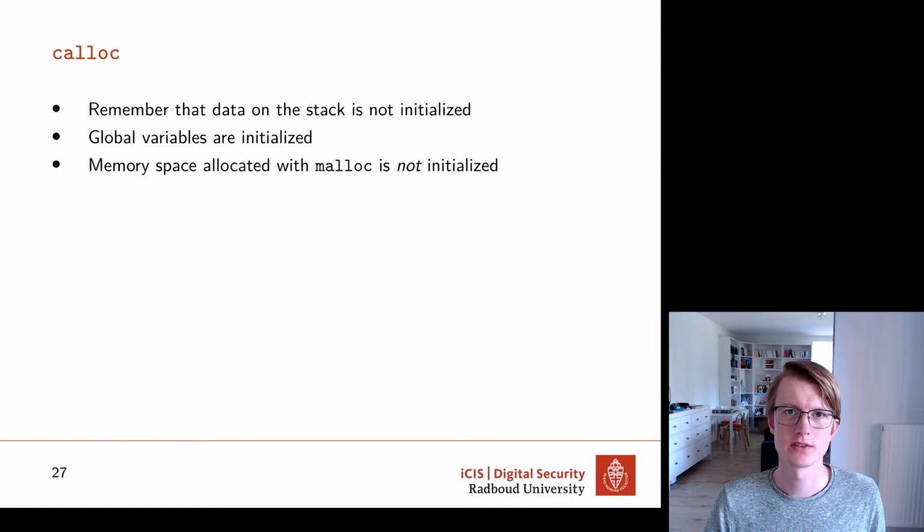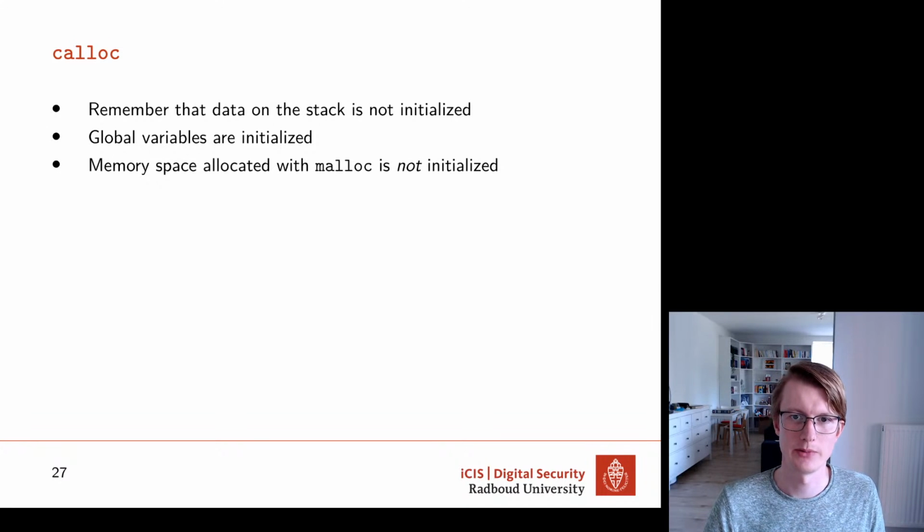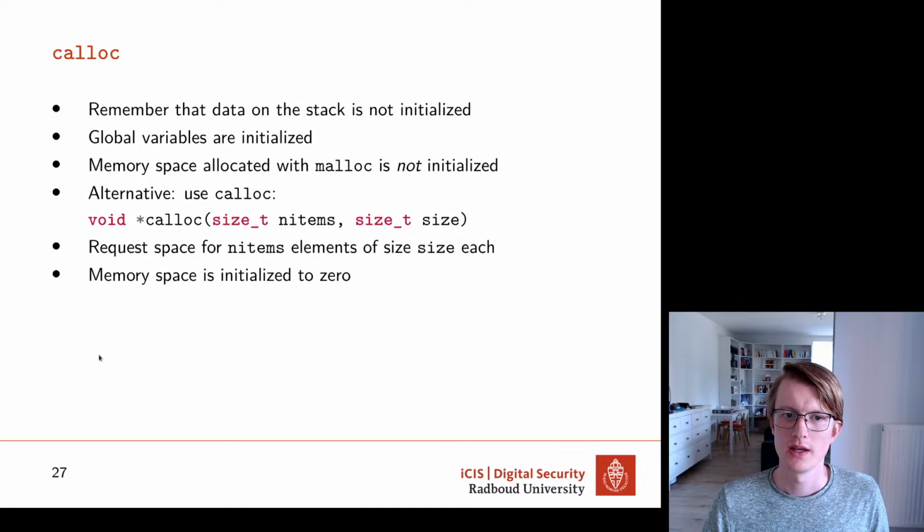Calloc is a special variant of malloc. The difference is that it will pre-initialize the memory that you're getting. It also has a slightly different way of calling it. You can specify how many items you want and what the size of each item is supposed to be.